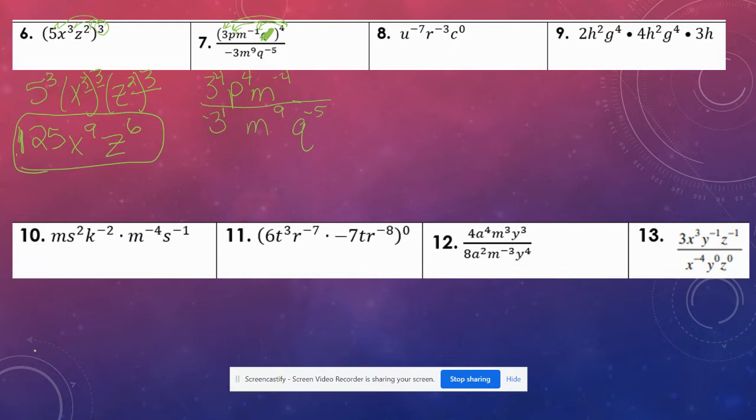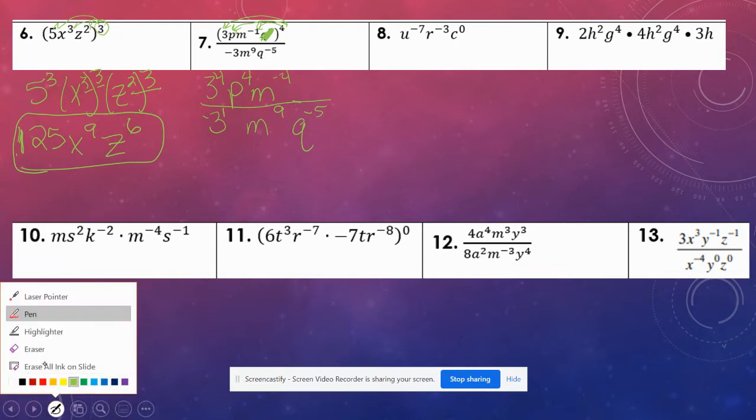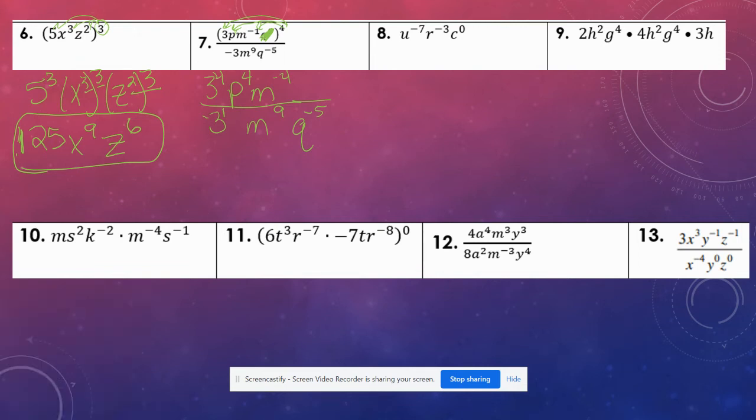To simplify this then, I'm going to use several of our lovely terms. We have the threes. The threes are the same bases. I know one of them is negative. That just means our answer will be negative. But when we're dividing, we subtract exponents. So 4 minus 1 is 3. And so that makes that negative 3 to the third. Our p, we have no other p.